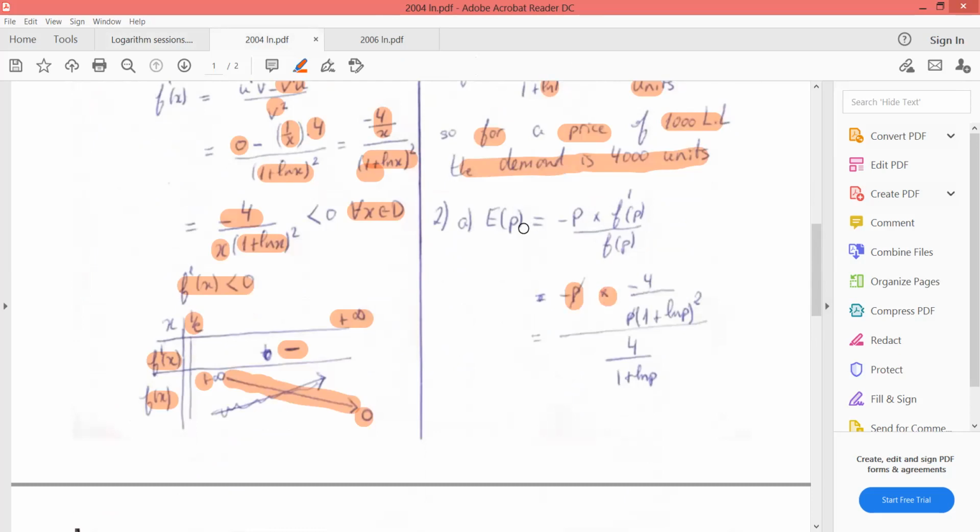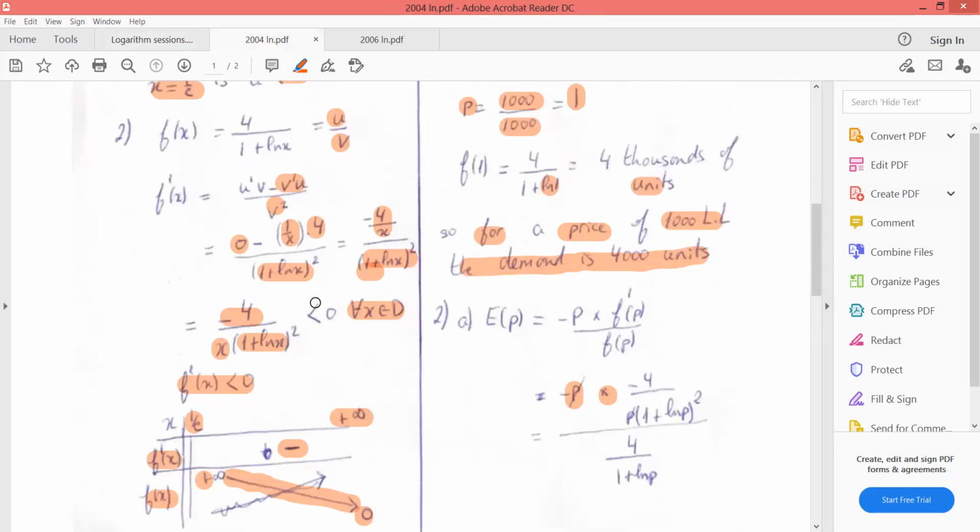Here in part 2, we have determined F prime of X. For F prime of P, we simply replace X by P: minus 4 over P into 1 plus ln P squared.